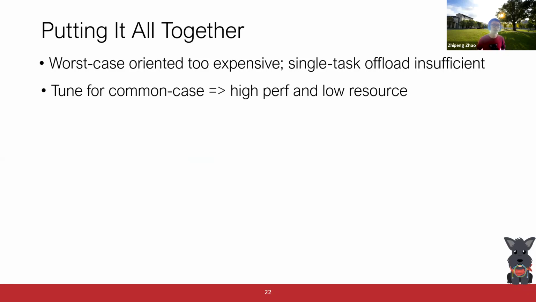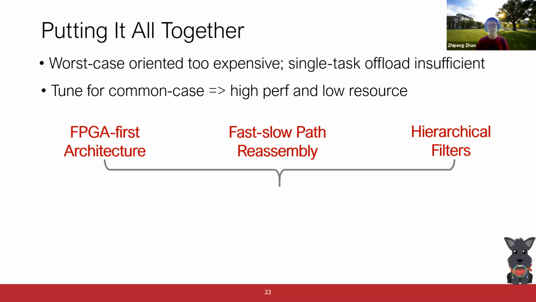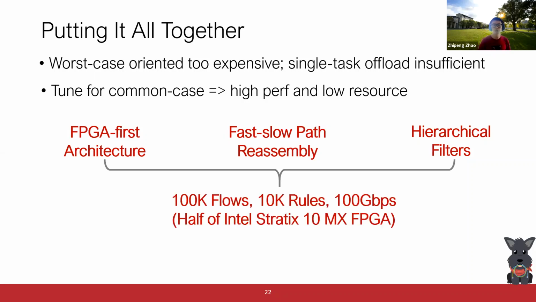Our insight is that we should tune for the common case, which allows us to achieve high performance with low resource consumption. In particular, we propose 3 ideas: FPGA-first architecture, fast and slow path reassembly, and hierarchical filters. By combining these 3 ideas together, we can support 100K flows and 10K rules running at 100 gigabit per second, using only half of the FPGA resources.